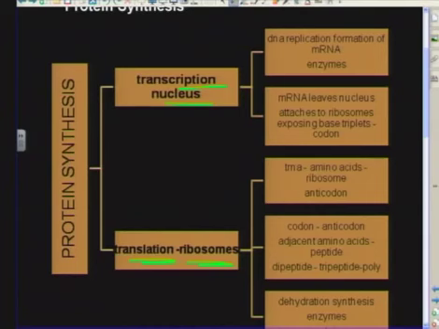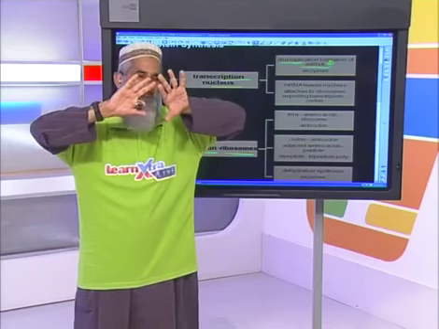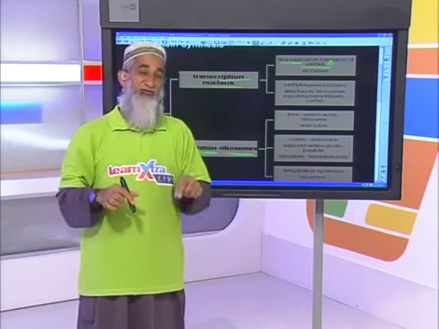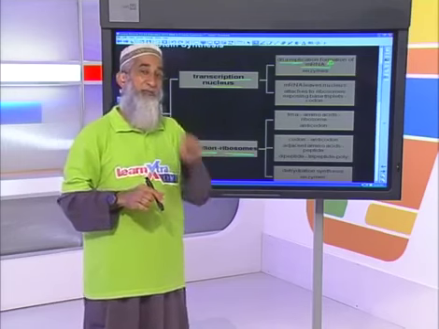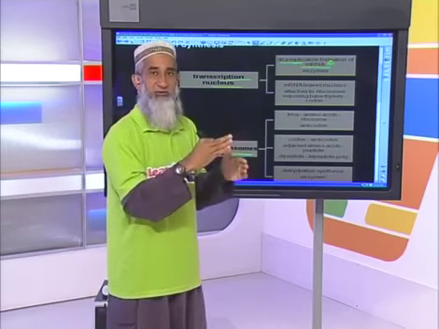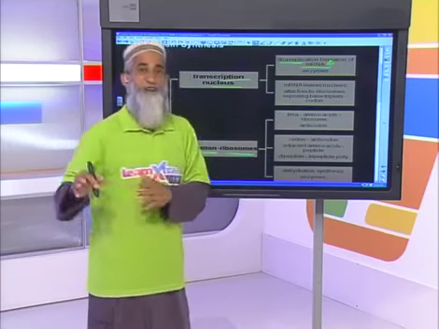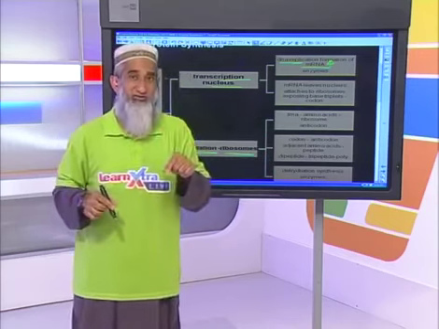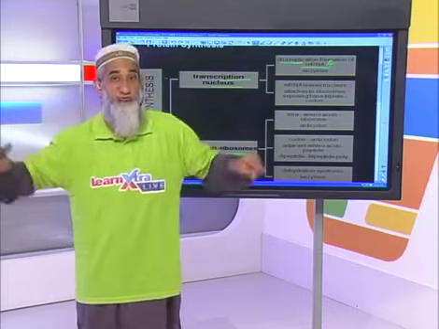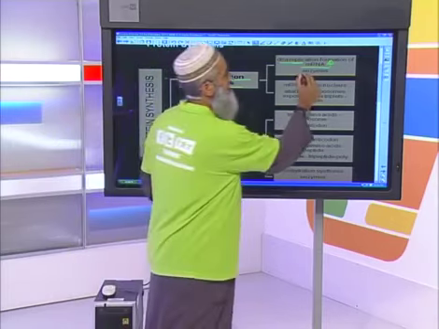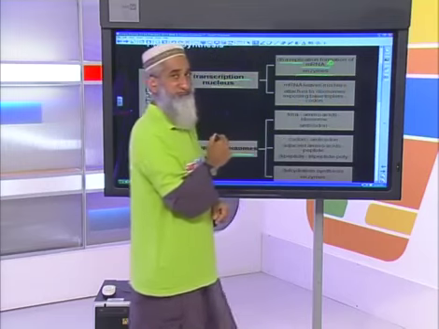What happens during transcription? As DNA replication takes place, messenger RNA forms. How? While the DNA is replicating, when the strands separate, instead of another DNA strand forming there, messenger RNA sneaks in before the other strand forms, copies the code and moves away. So it doesn't interfere with replication. Replication will still continue. This is controlled by enzymes.